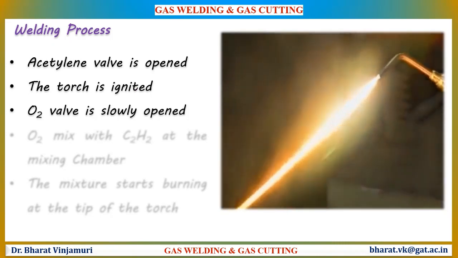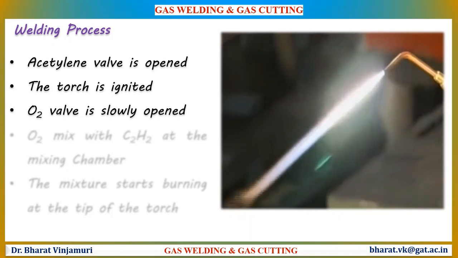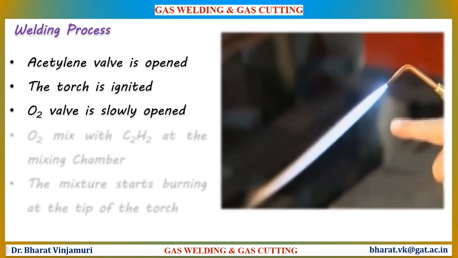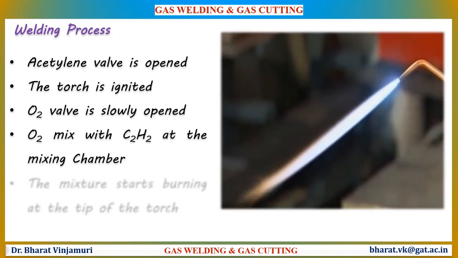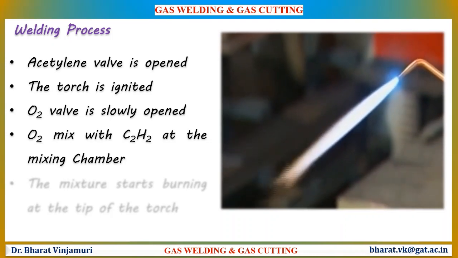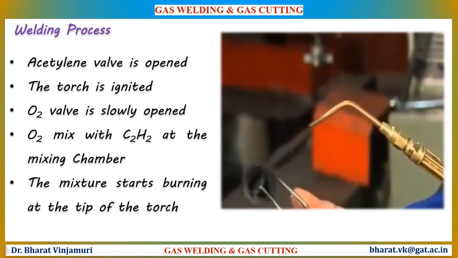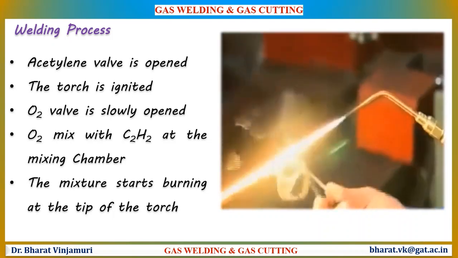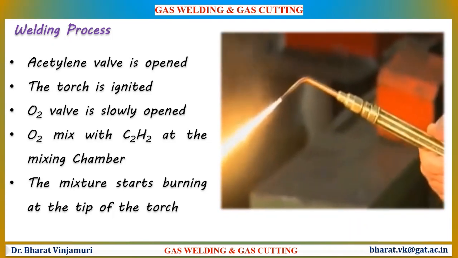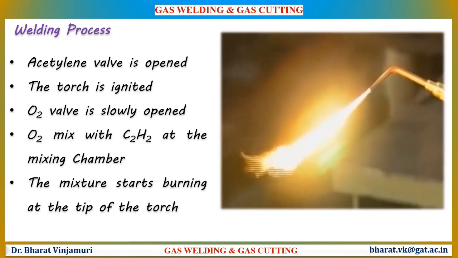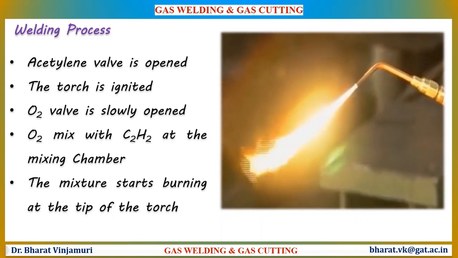The oxygen valve is then opened slowly. Oxygen starts mixing with acetylene at the mixing chamber of the torch and starts burning at the tip of the torch. Based on the type of metal and the thickness of the metals to be welded, a suitable flame has to be obtained.